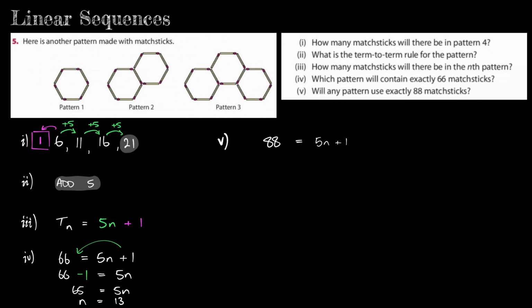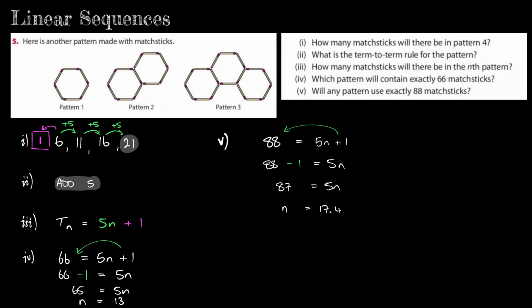I'll bring the 1 over, and then I'll be left with 88 minus 1 is equal to 5n. So 87 is equal to 5n. So 87 divided by 5 gives us an answer of 17.4. So n will be equal to 17.4. Now, that's like I was saying.